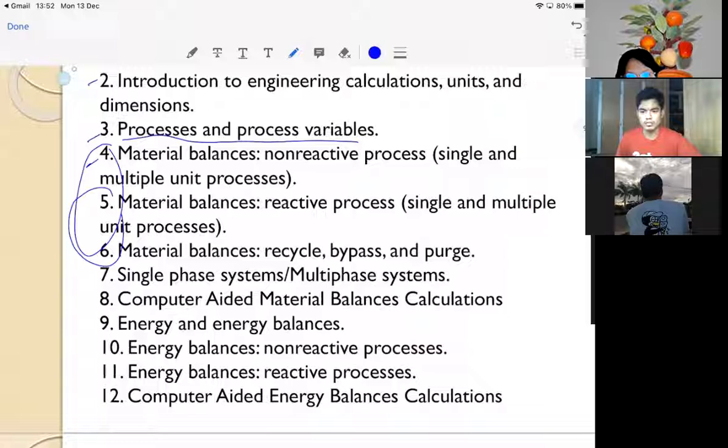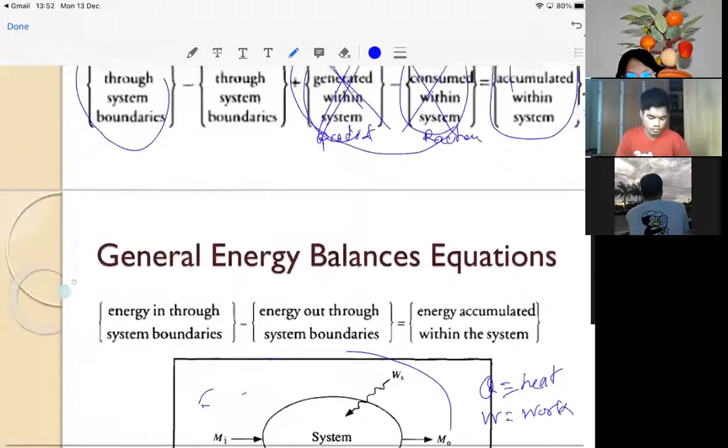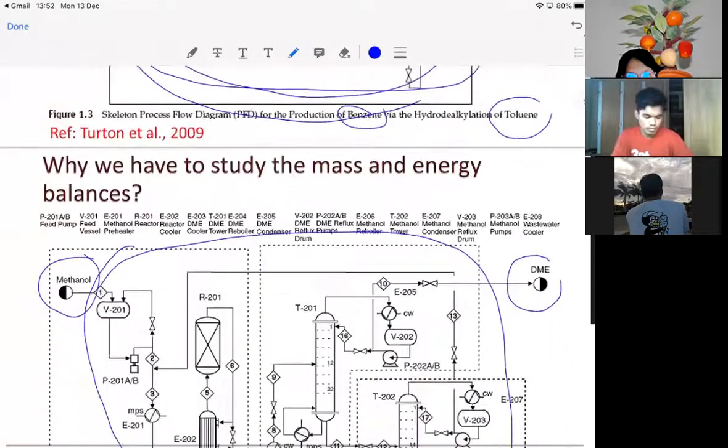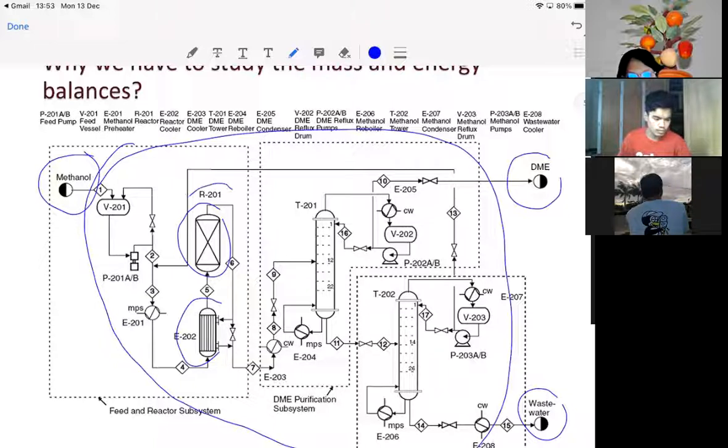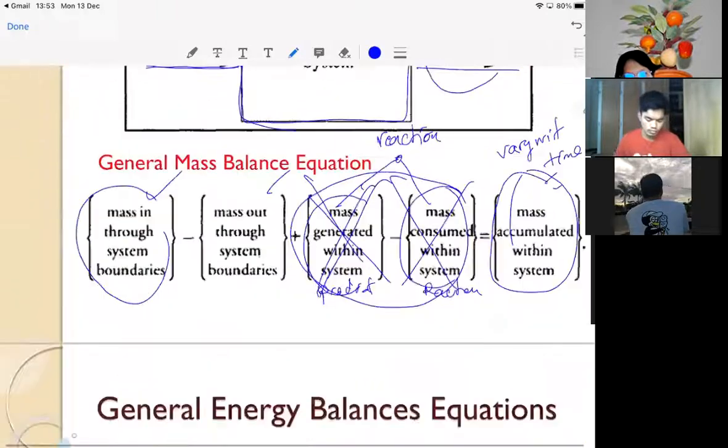And for the case of reaction, we also have single and multiple processes. I will talk to you about the process diagram. If we would like to consider a single unit, we can make a mass balance around this unit. For single and multiple units, this may be a mass balance around these two or overall.